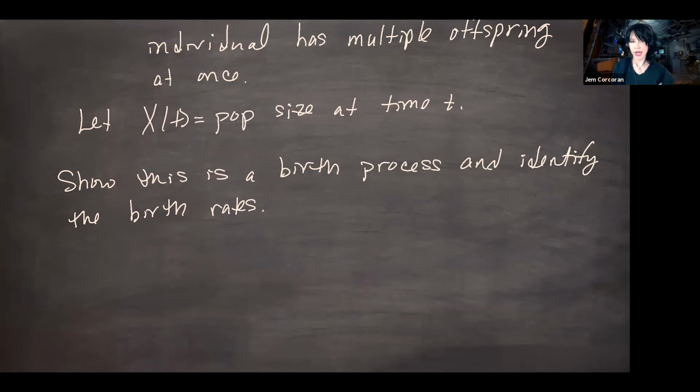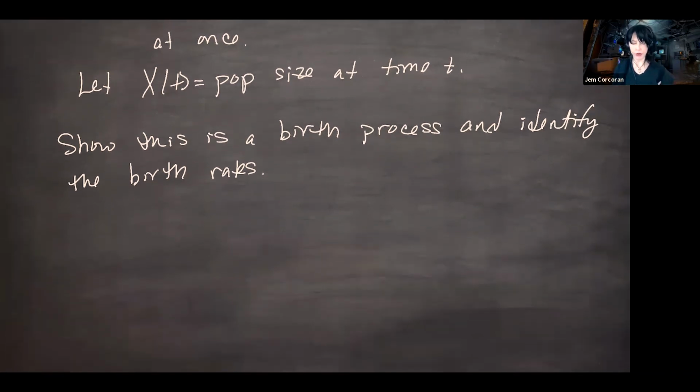Okay, so I need to take any 2 out of 3 of those probability statements and write them out and hopefully get something in the right form and then peel out the birth rates. So if you want to, let me write down more than just one at a time. We can look at the probability that the population size in this tiny interval increases by k.